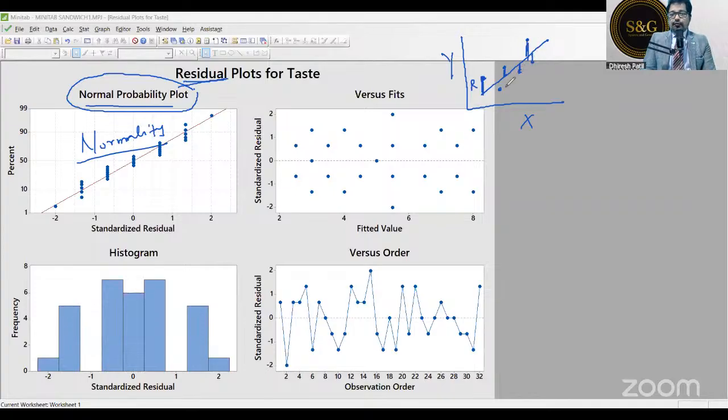Now, from the line of best fit, are all the dots normally distributed or not? Like in our histogram, this 0 is the line of best fit, and some dots will be on the negative side, some on the positive side. But are they normally distributed? That is what the normality plot is showing. Here also it shows it is normally distributed data.